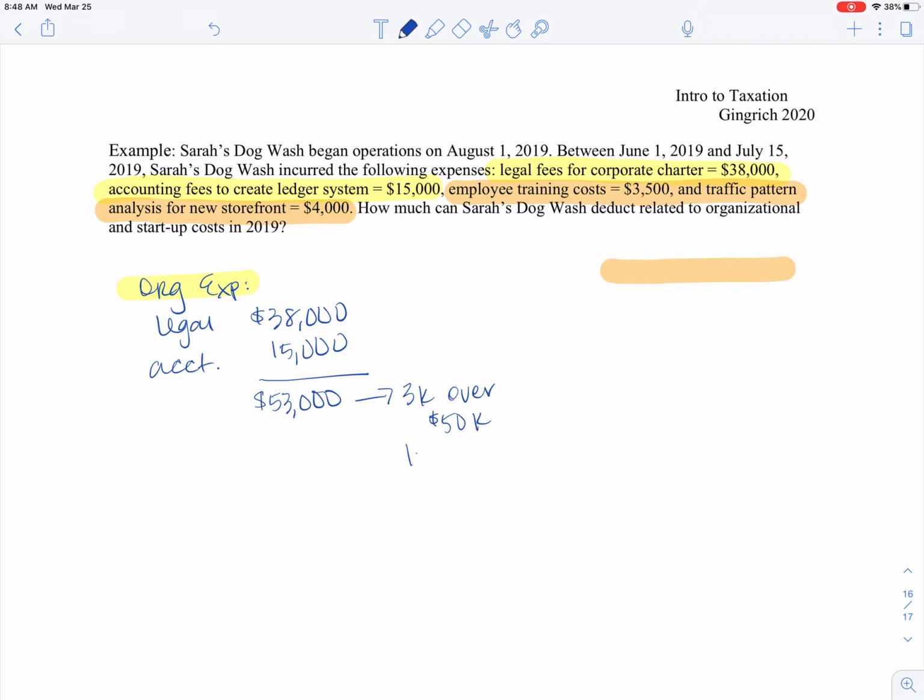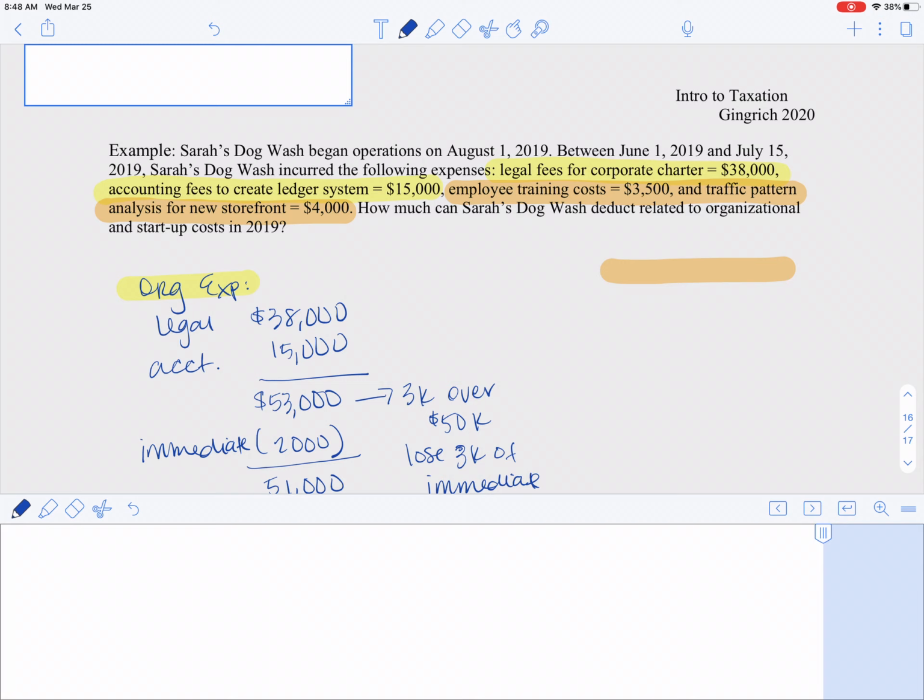So you lose $3,000 of your immediate $5,000 deduction. You can only deduct $2,000 now immediately. All right, so here's my $2,000 that I'm deducting immediately. That leaves me $51,000 that I'm going to recover over time.